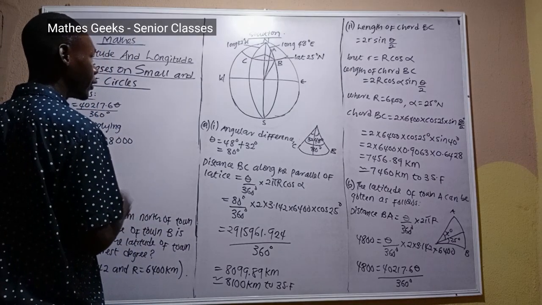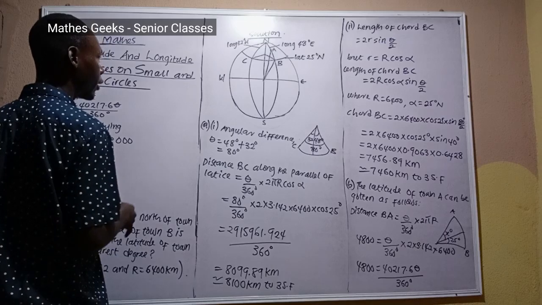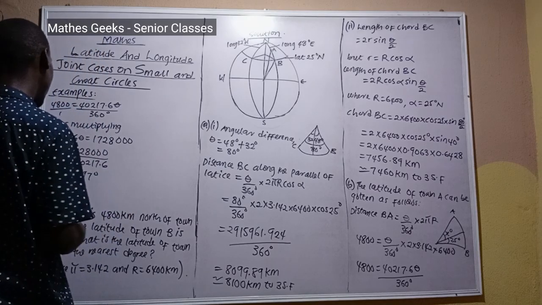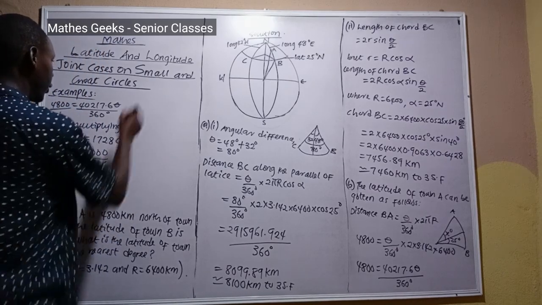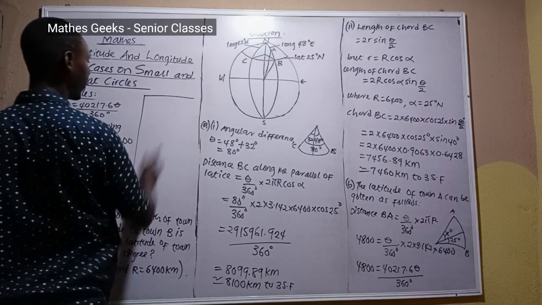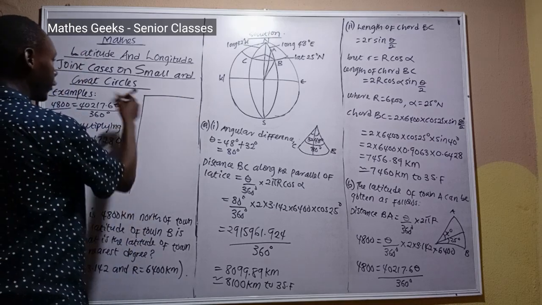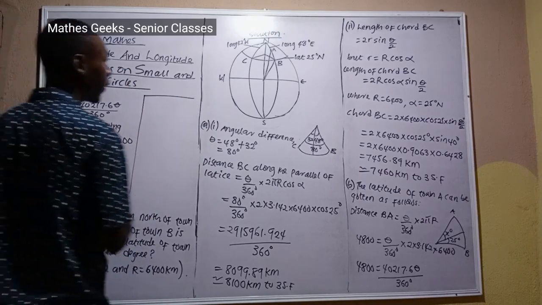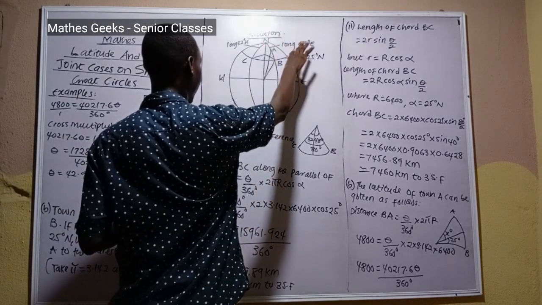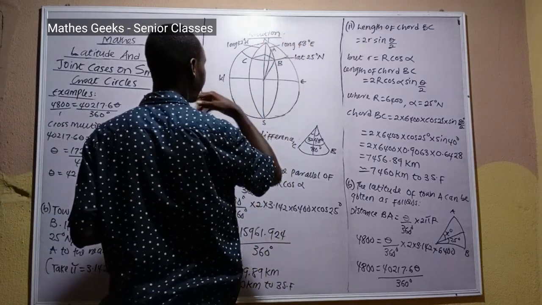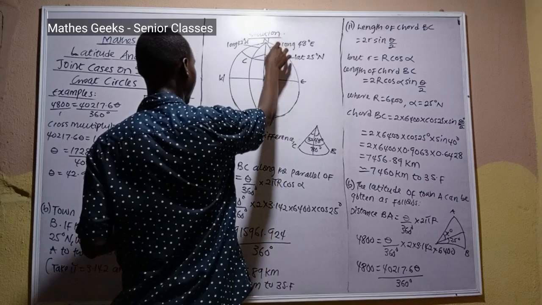Now note, since B and A are on the same line of longitude, they have the same longitude but different latitude. So our angular difference arises from the difference in latitude. Since both of them are on the same side of the globe, you subtract the smaller latitude from the bigger latitude.